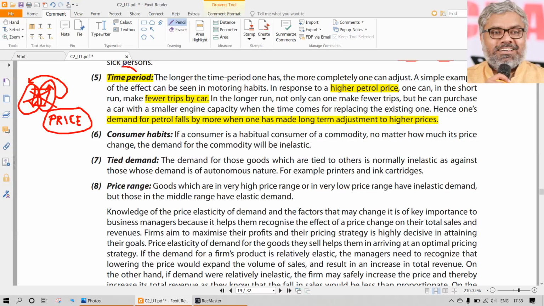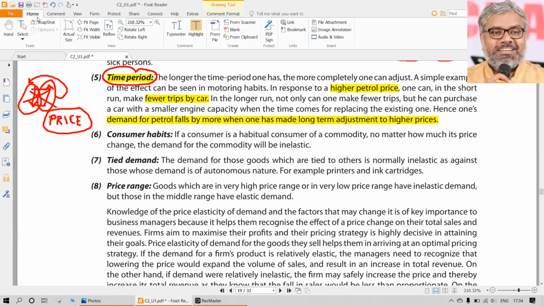That is why the time period also matters. If they have time to adjust themselves to this change in the price, then they will do that adjustment. If they cannot, then they will reduce the consumption of such a product. So naturally it will have an impact on the demand immediately. So that is the time period as another factor.